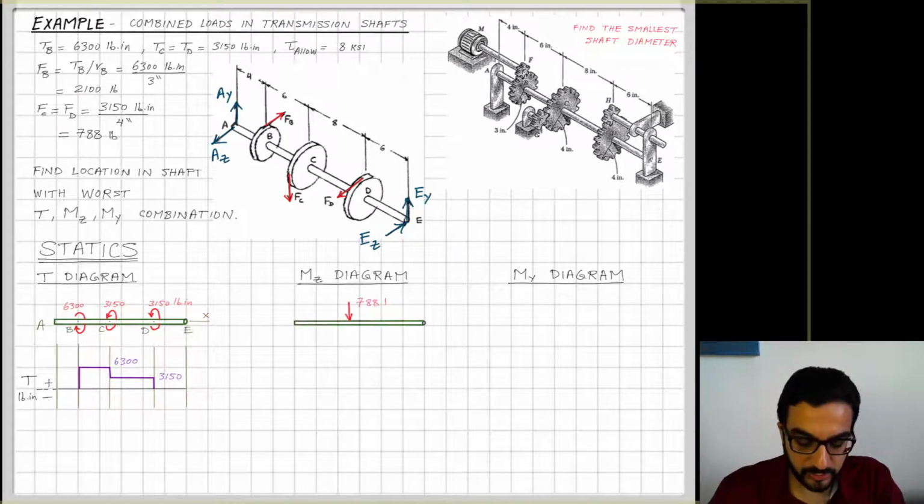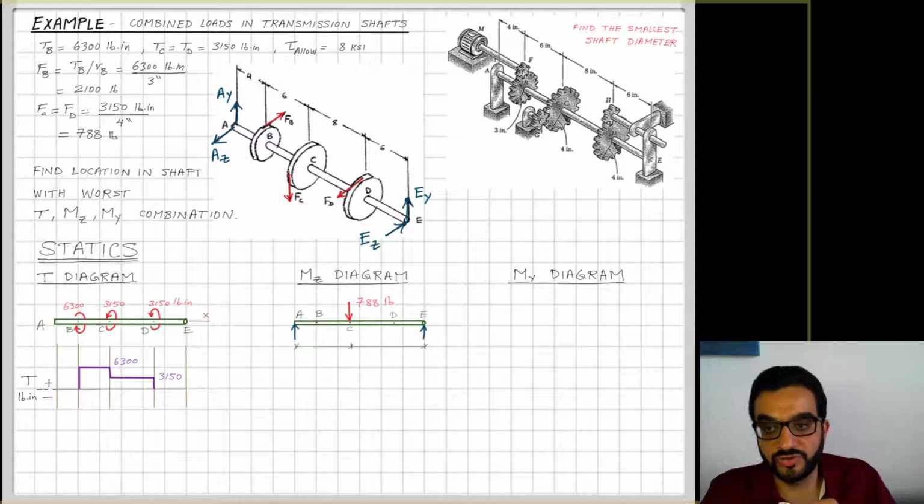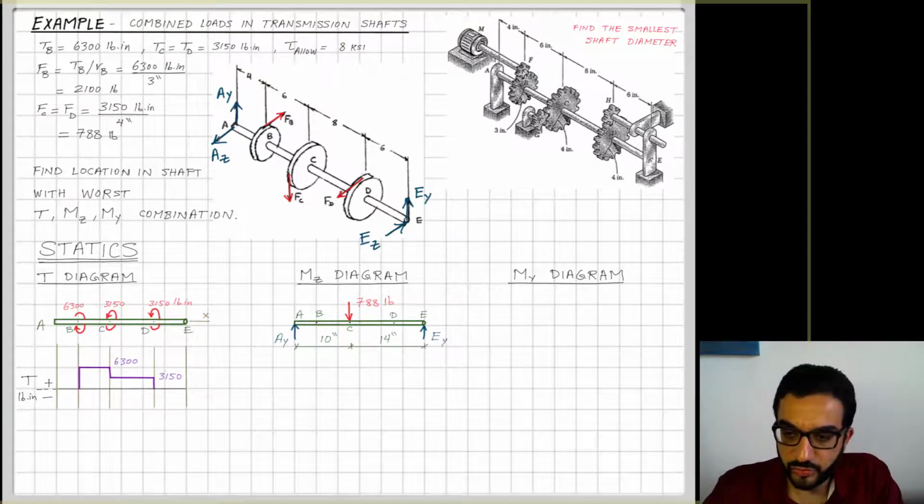So we look through the z, which is looking sideways here, and we show all the transverse forces that are in the y-x plane. I'm showing AY and EY. I'm not showing FB and FD, I'm only showing FC, which is 788.